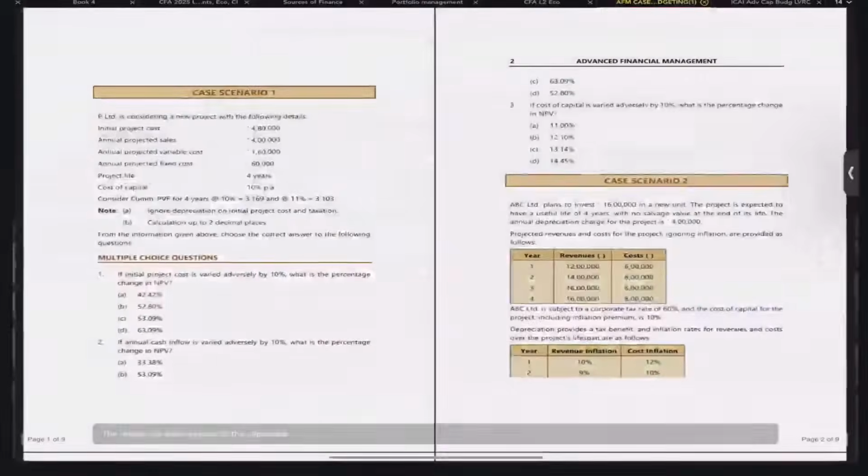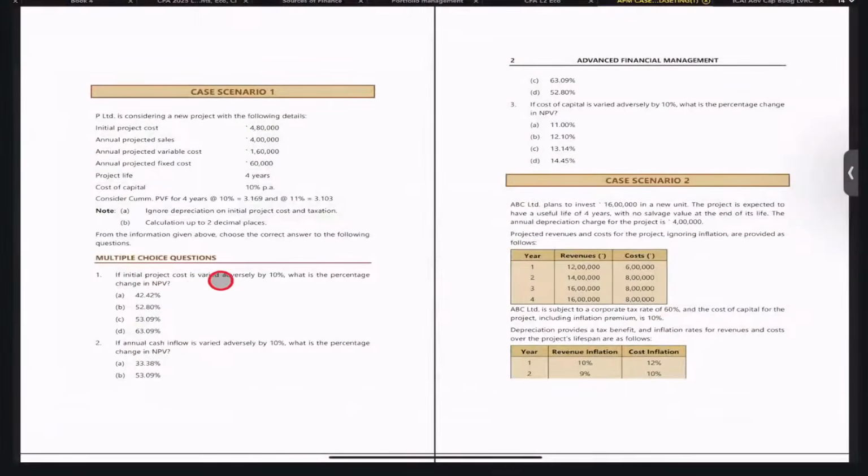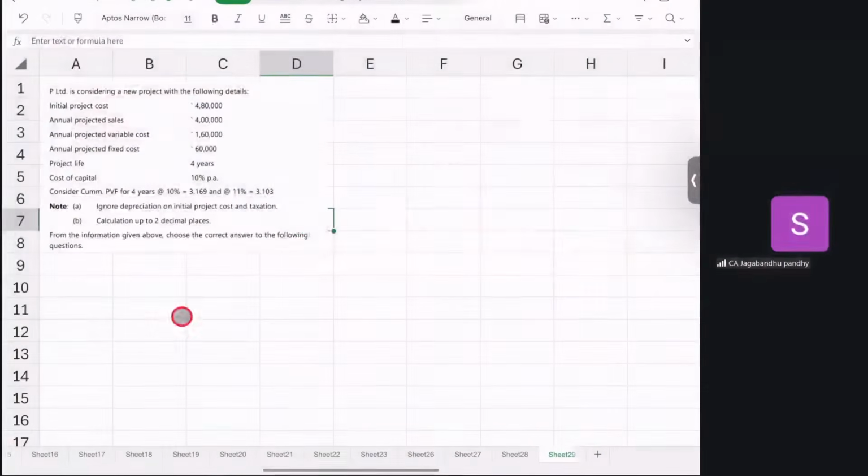So we're looking at calculating initially, if initial cost is varied by 10%, what's the percentage change in NPV? So let's first compute the original NPVs.